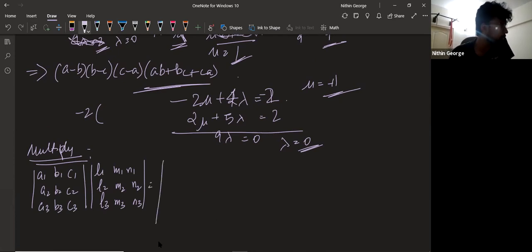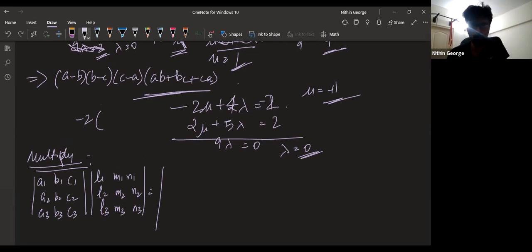You can do a row into row, or row into column. You can take one row here and one column here. Basically, A1 L1 plus A2 L2 plus A3 L3. I am taking row 1, row 2, row 3, and column 1, column 2, column 3, and multiplying across. The first term will be first row into first column.